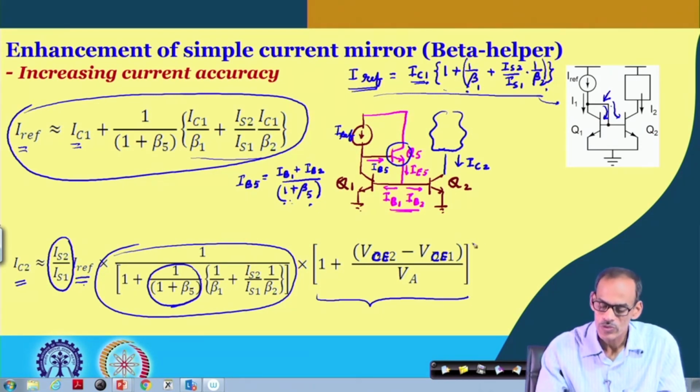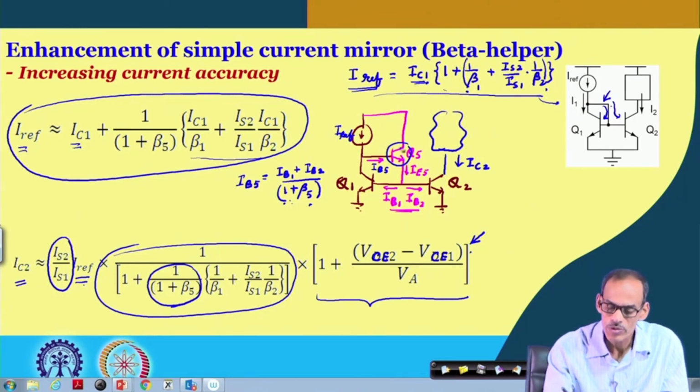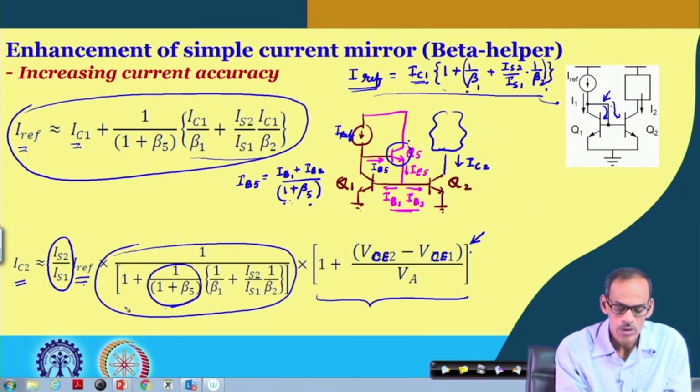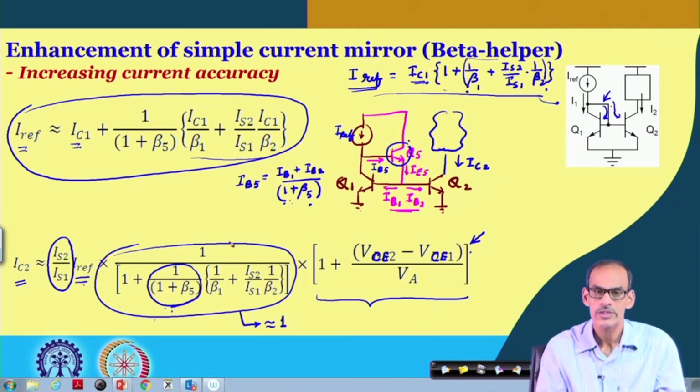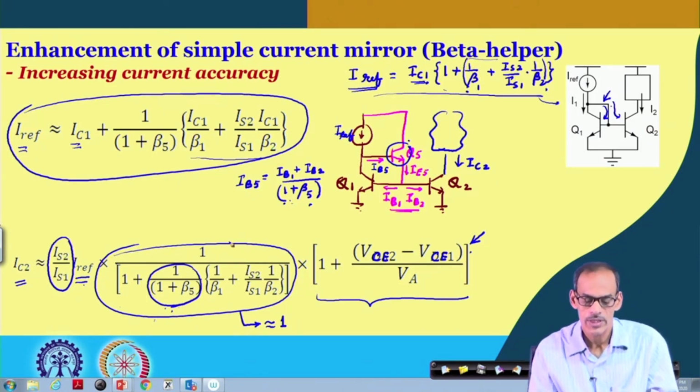So, this part we already have discussed. To improve this one, we can put the cascode structure. In addition, we can put this transistor to make this non-ideality factor very close to 1. So, this is referred to as the beta helper circuit. By the beta of this transistor, we are making this factor more towards the ideal one. That is why it is referred to as the beta helper circuit.